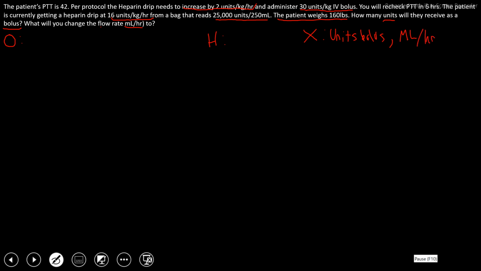What we have is our patient's weight, which is 160 pounds. And then we also have what the heparin bag reads. So that is 25,000 units per 250 ml. Okay, and we have quite a few things that I like to put in the order section.